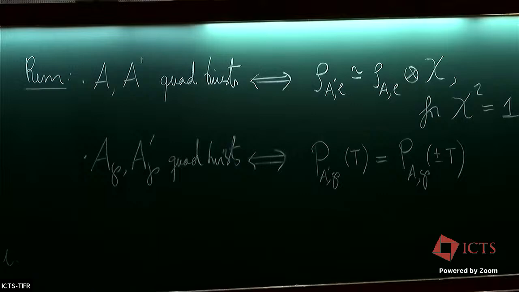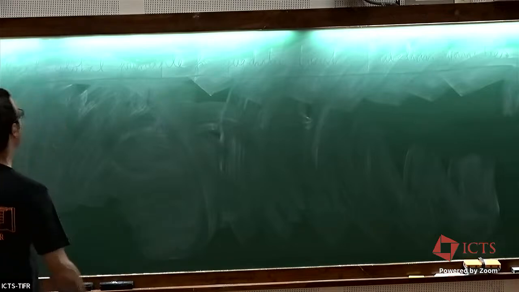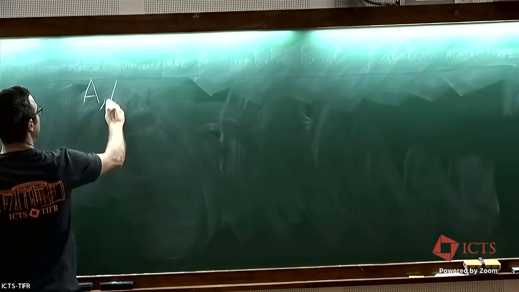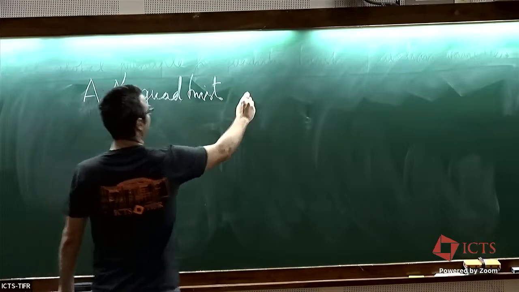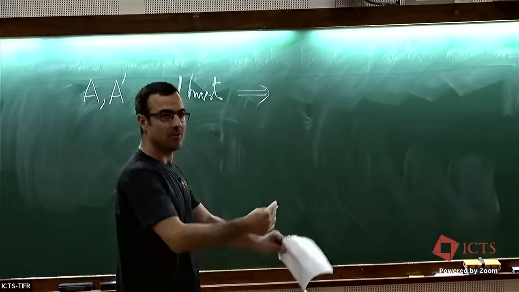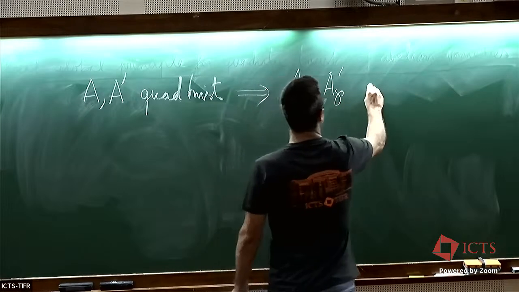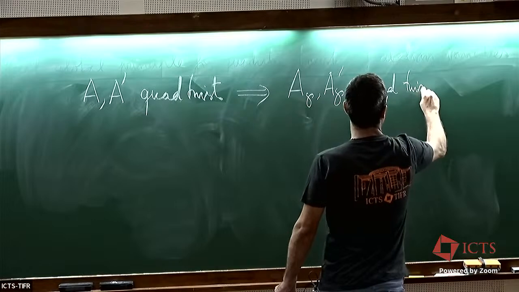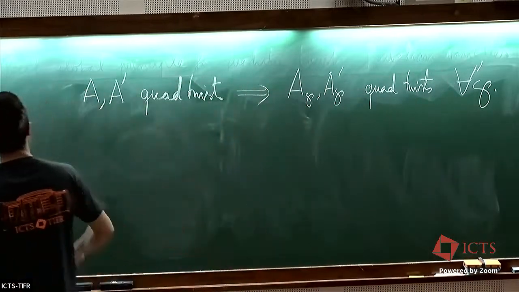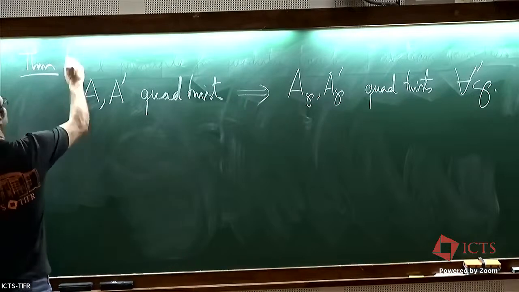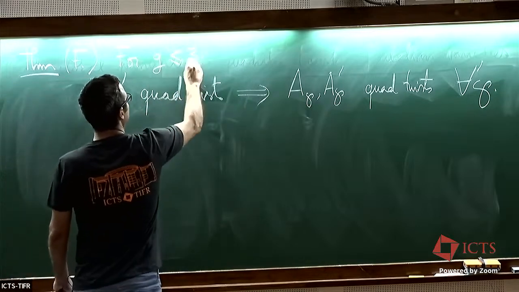If you look at the characterization at the end of the blackboard, you'll see that clearly, if A and A prime are quadratic twists, then for almost every prime, the reductions will also be quadratic twists. And the theorem that I want to present today states that up to dimension 3, the converse also holds.